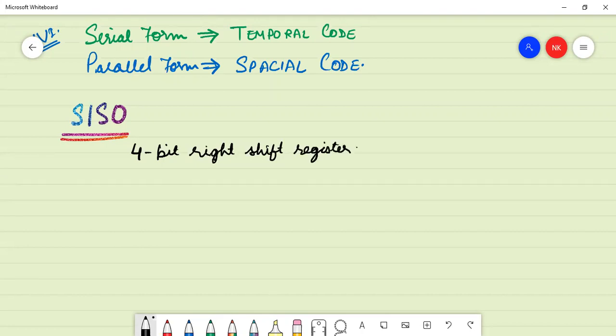Okay, so if we want to have a 4-bit right shift register, then obviously we should have 4 flip-flops.